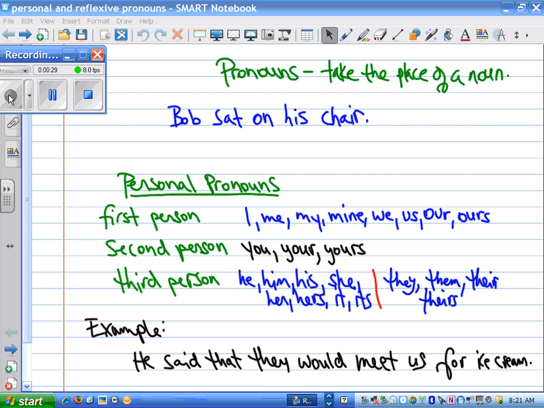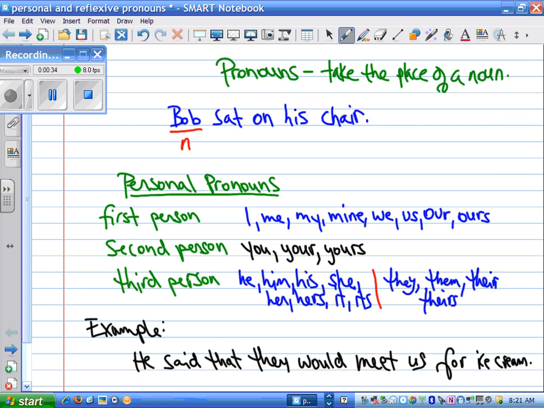So in our example sentence here, Bob is our noun, a proper noun, right? Because it names a specific person. Then we have this his, right? And this his shows possession. But it's also taking the place of our noun, Bob, right?